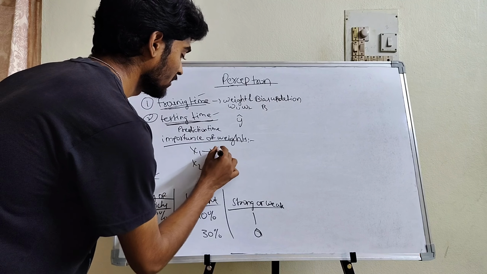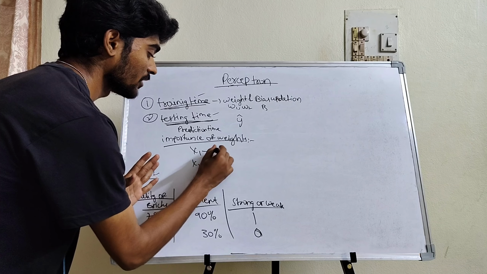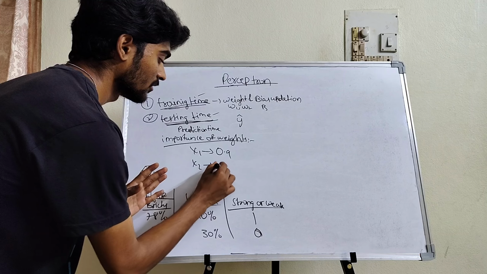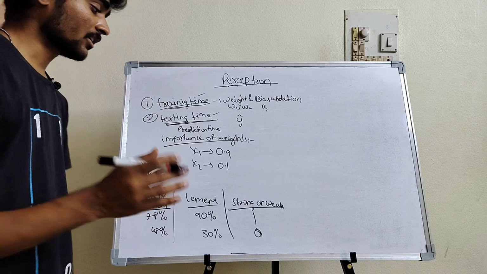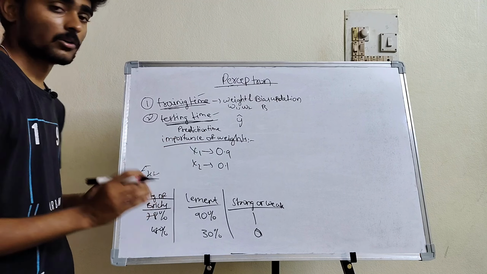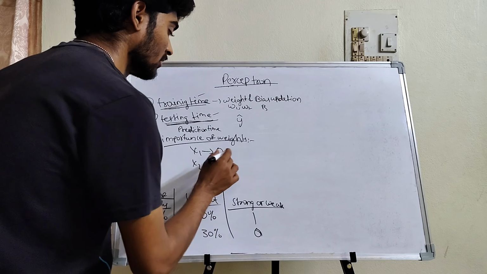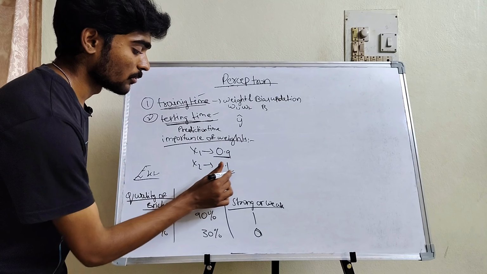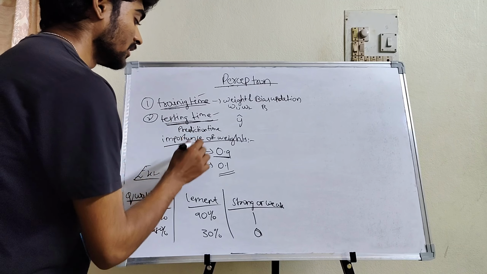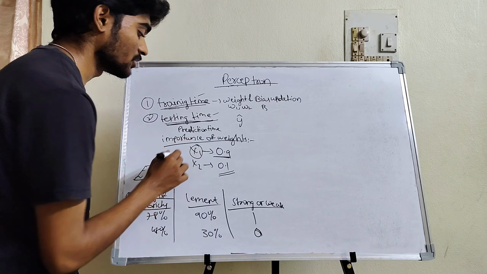At the end of your training, the corresponding weights are calculated to be 0.9 and 0.1. These are your corresponding weights for your corresponding inputs. Now this 0.9 value is greater than this 0.1. It means that in calculating the y hat value, the predicted output, this feature plays a major role.